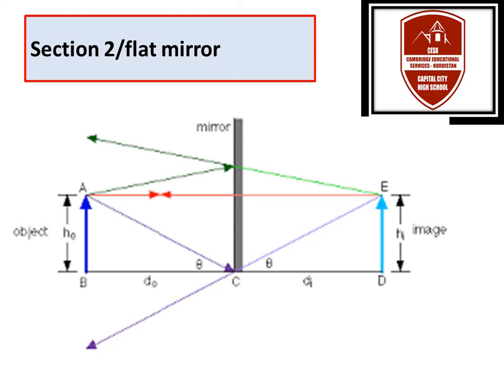Look at the blue object, the head of the arrow is up. Here, the head of the image is also up. So this is upright, not inverted. Again, upright, virtual, same size. Let's study the next slide.